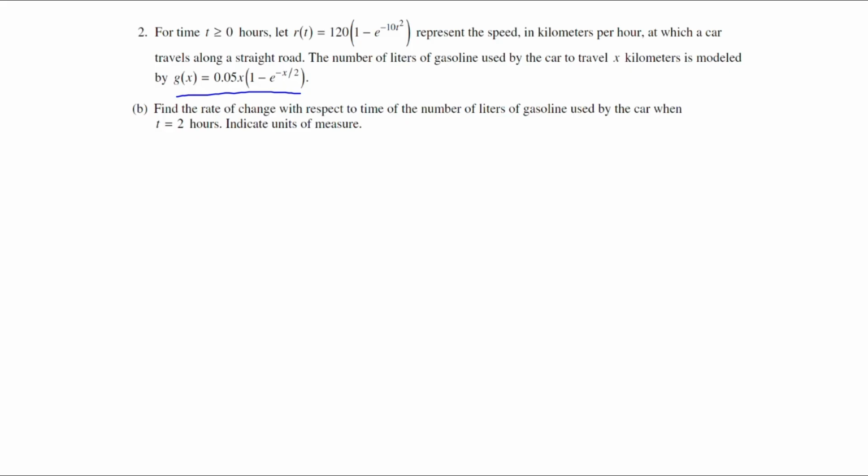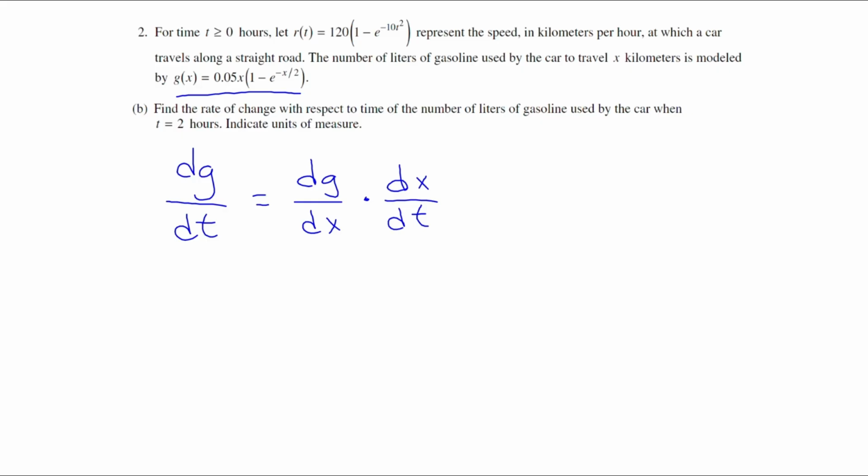So we are looking for dg dt. We want the derivative of this with respect to t. Well, the derivative of a function g of x with respect to t should be the derivative of that function with respect to x times the derivative of x with respect to t. Right? That's the chain rule that we're using here for implicit differentiation.